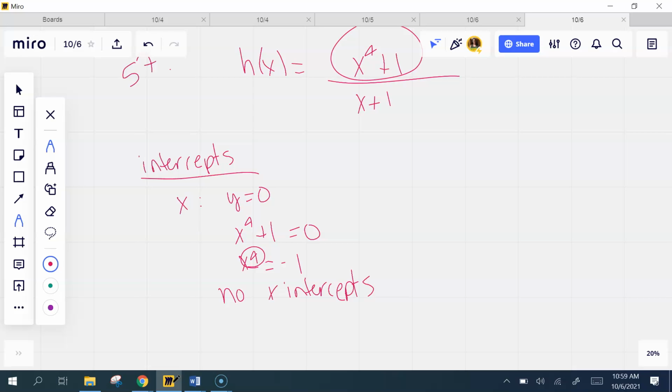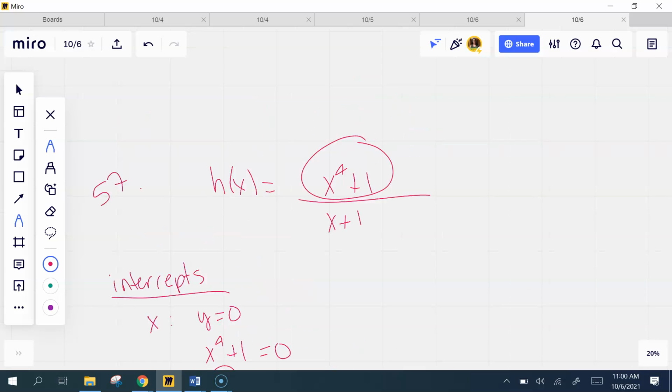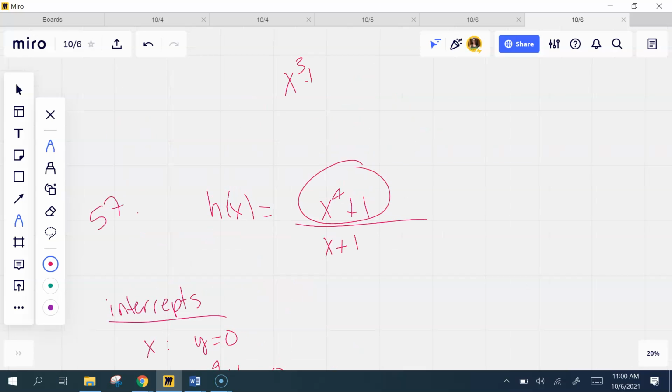Every even increment, you'd end up back in a positive number. So yes, this problem would be completely different if up top were x cubed plus 1, because that could equal 0.